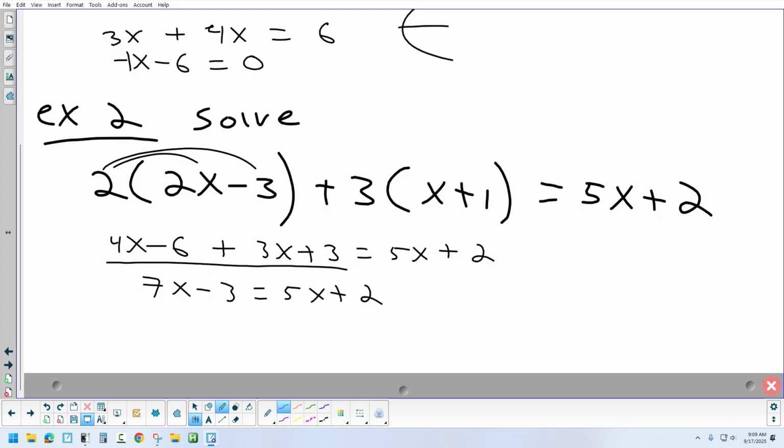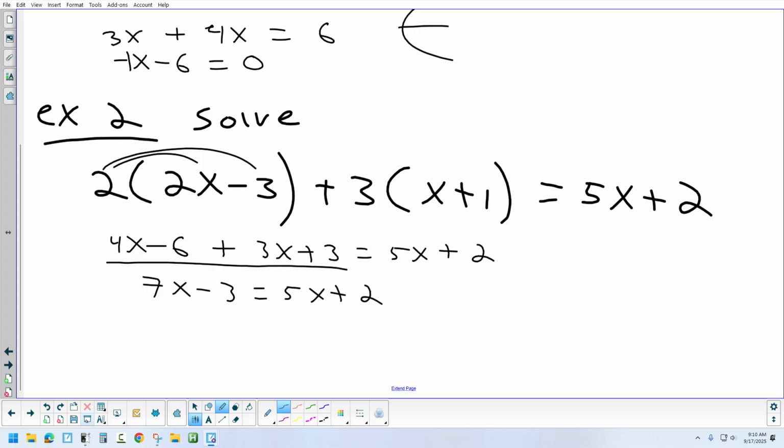Okay, my next step, Marin, what would I do from here? Subtract 2. Okay, so I'll do the minus 2. And what else can I do at the same time? Subtract 5x or 7x. Which one do you want to do?